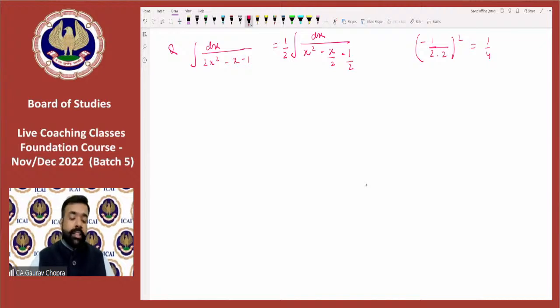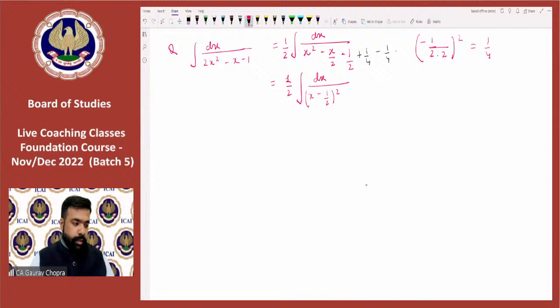Now adding and subtracting 1 by 4 inside the 1 by 2 integration. In the upper step only, let's add 1 by 4 and subtract 1 by 4. So what we are getting? dx divided by, 1 by 4 is the square of 1 by 2, so we can write x minus 1 by 2 whole square.